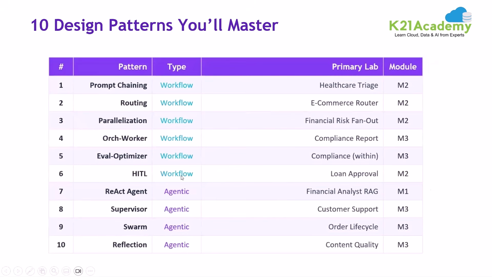These are the kind of workflows and these are the agentic systems. A workflow is pretty much linear or sequential in nature. You do this, then you do this, then you do this, and then you do that. These are called workflows. You can chain prompts, using multiple LLMs with these prompts. You can route the API calls to multiple LLMs based on some conditions, so routing is conditional routing.